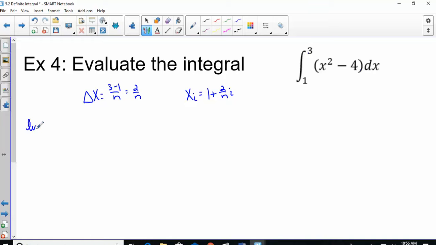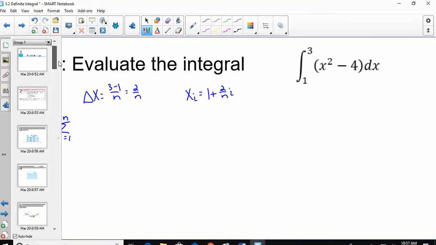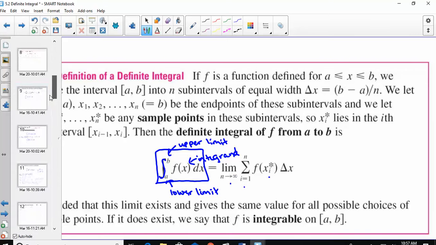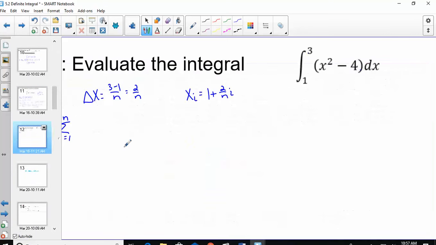So we are going to do the limit as n approaches infinity of the sum from i equals 1 to n. Again, this is from that first line definition you wrote down in your notes. It tells you what the integral is equal to. The limit of the sum of f of x sub i times the change in x.